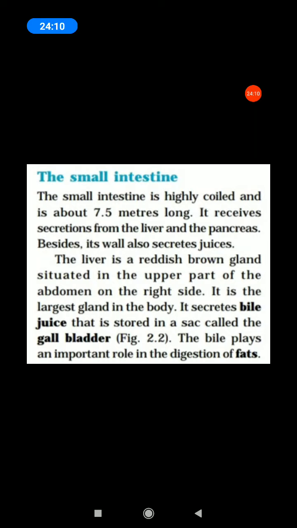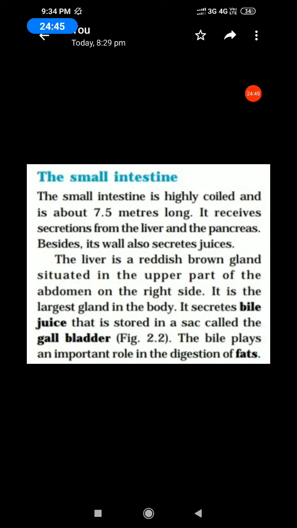Next, the liver. The liver is a reddish brown gland situated in the upper part of the abdomen on the right side. It is the largest gland in the body. It secretes bile juice that is stored in a sac called the gallbladder.